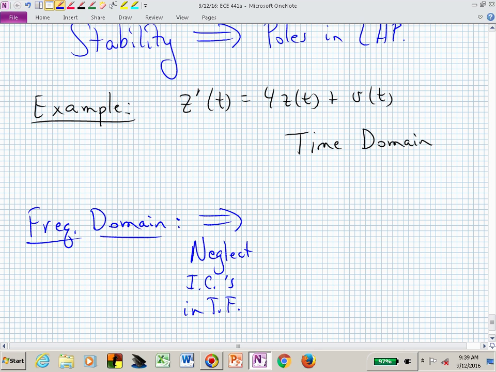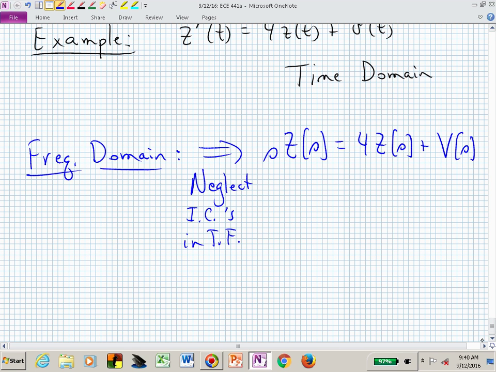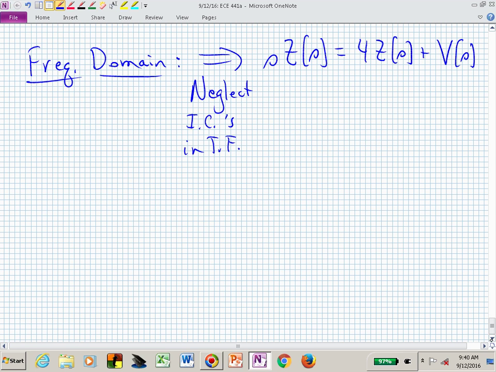What happens when we Laplace transform a derivative? That's just s times z of s. What happens when we Laplace transform z that's scaled by 4? And v is just plus capital V of s. We want a transfer function.